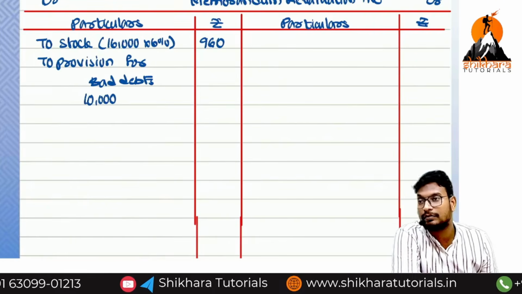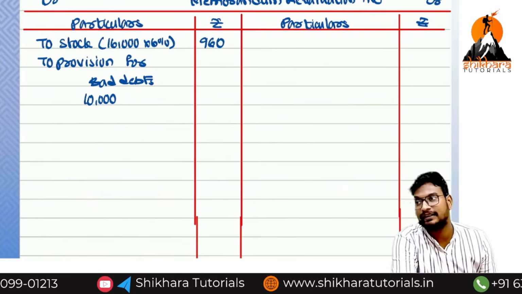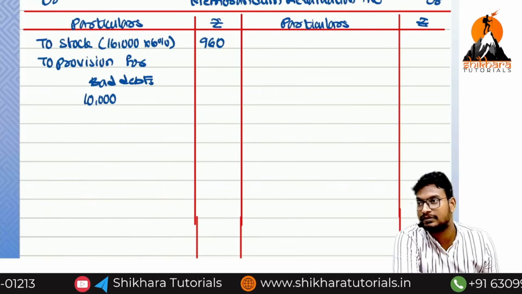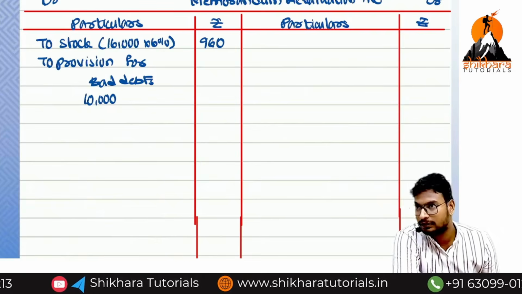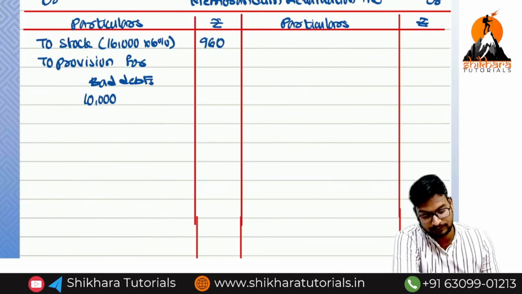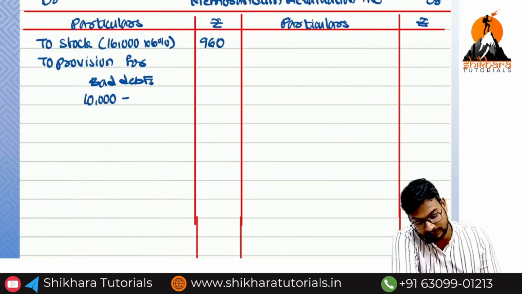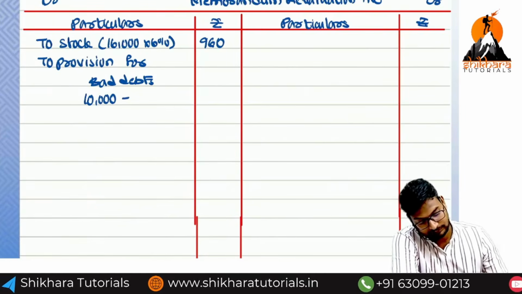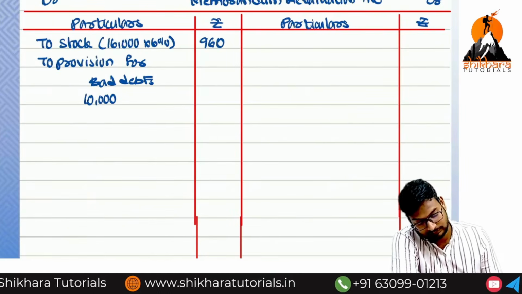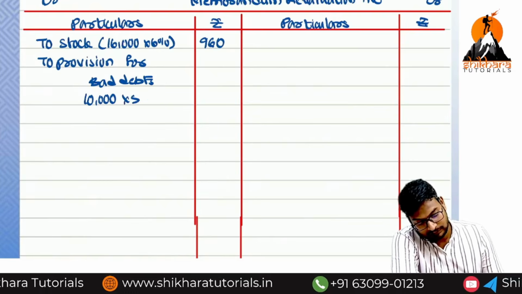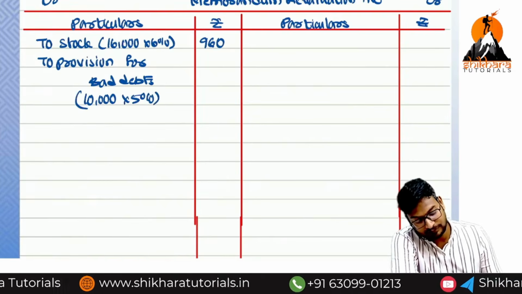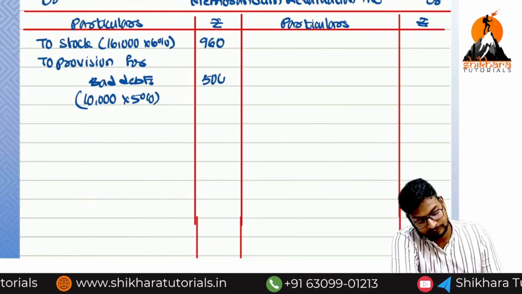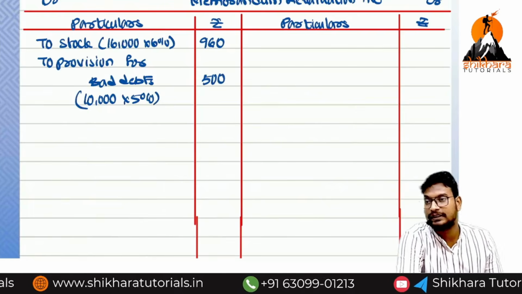That provision normally will be on which side, Amma? Liability side. But as per disclosure, we have reduced it from the debtors. No problem. Okay, now 10,000 into how much? To 5%. How much, Amma? 500. Okay? So next, what we need to do?